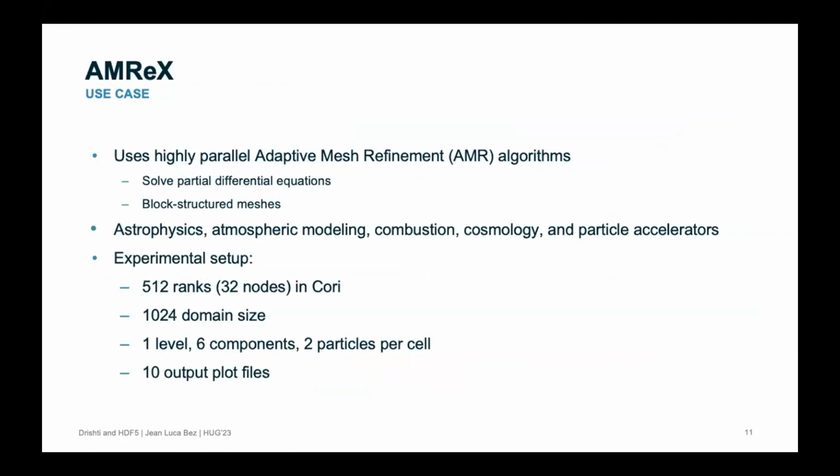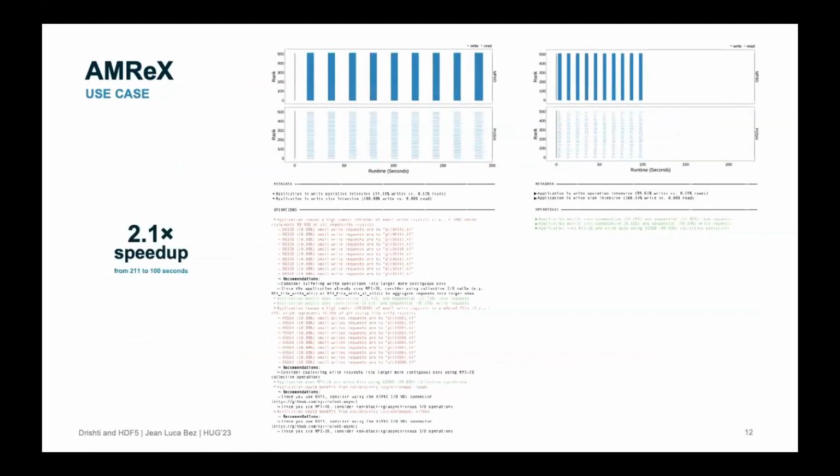The other test case is MREX. It's used in several different contexts. I'll show just another test case here, again on Cori, before Cori was retired. And what we saw here, as you can see, is that there's much more going on.